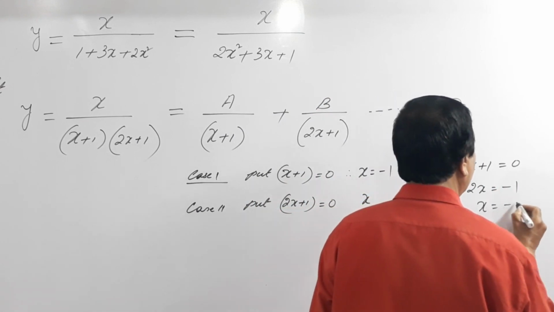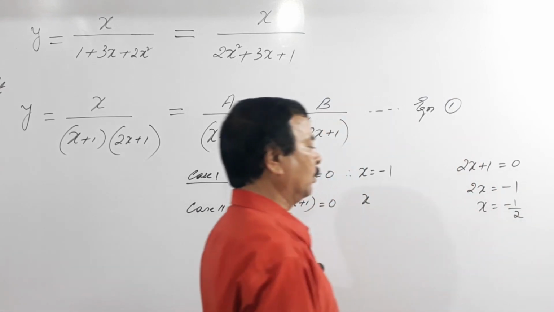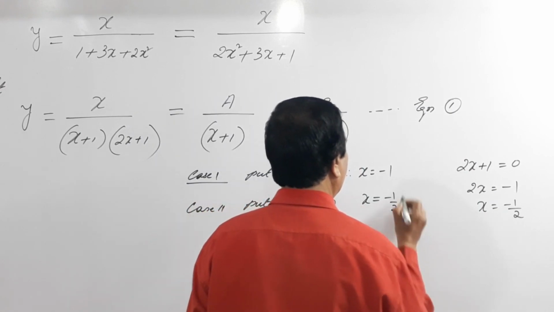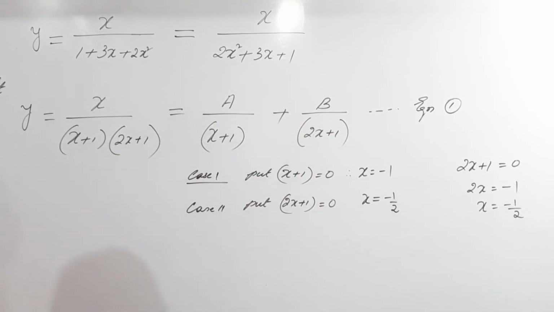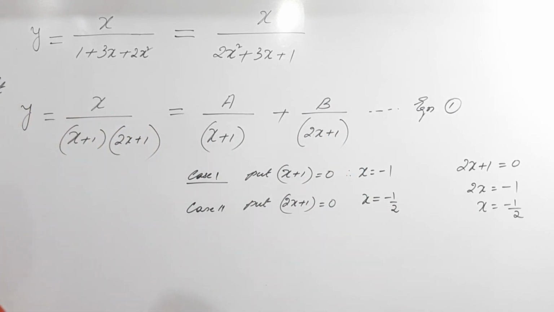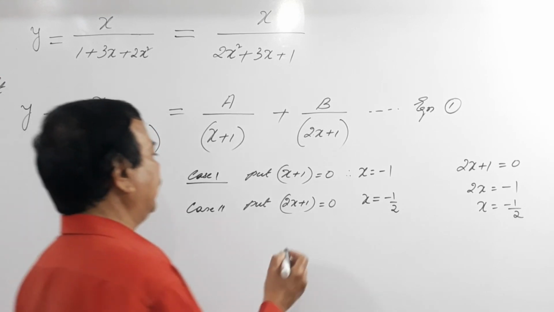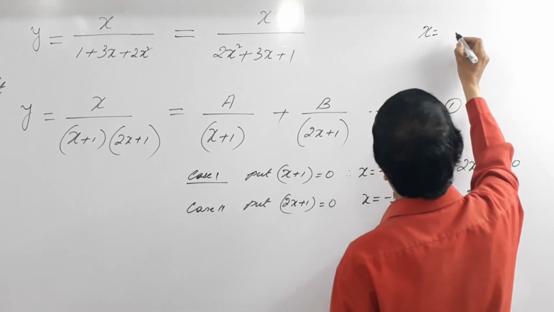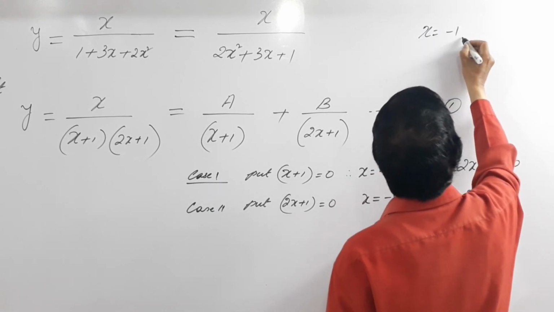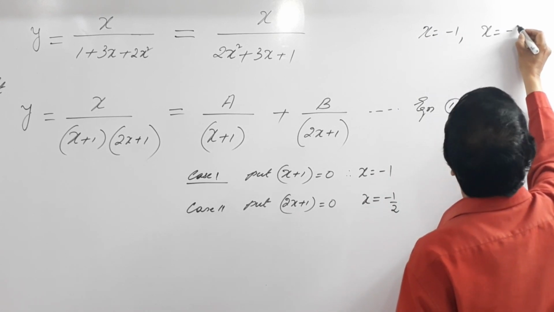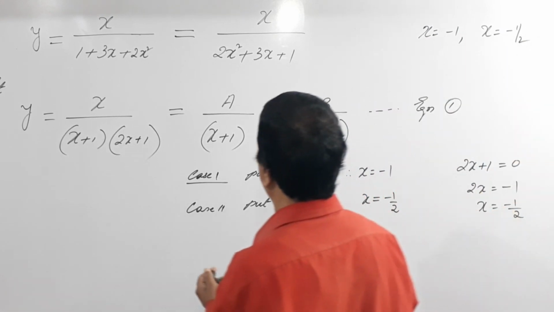Therefore x equals to minus 1 by 2, that is, x equals to minus half. Done. Let me write it here separately: x equals to minus 1 and x equals to minus half.